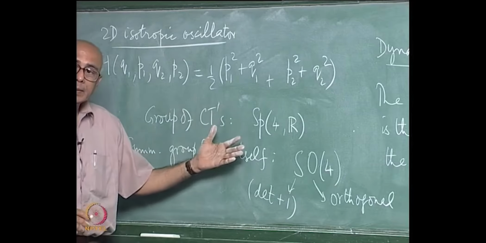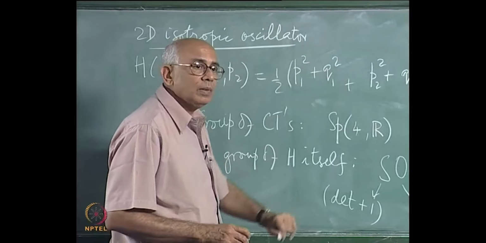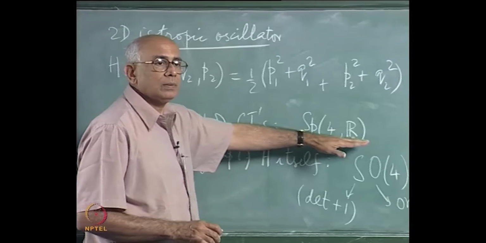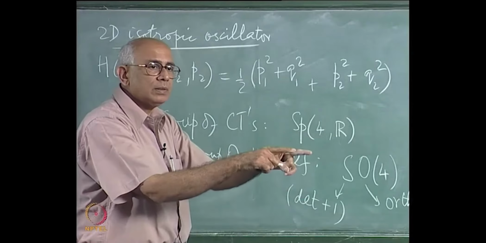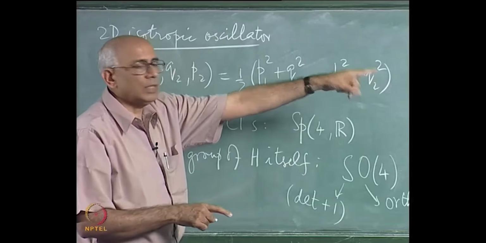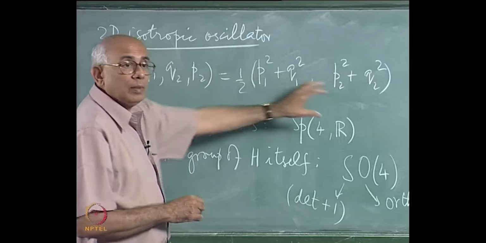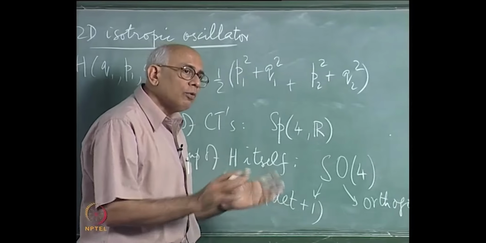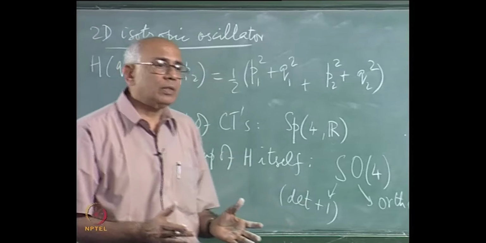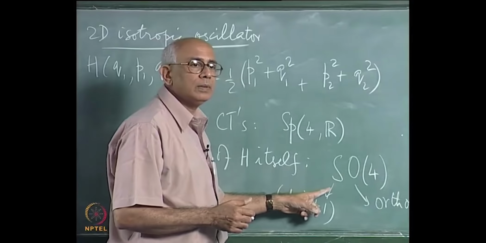So on the one hand, the group of canonical transformations in 2 degrees of freedom is Sp(4, R), the set of all 4 by 4 matrices with real elements which are symplectic, which satisfy that condition. On the other hand, this particular Hamiltonian is left unchanged by the group of all 4 by 4 matrices with real entries which are orthogonal and which have unit determinant.